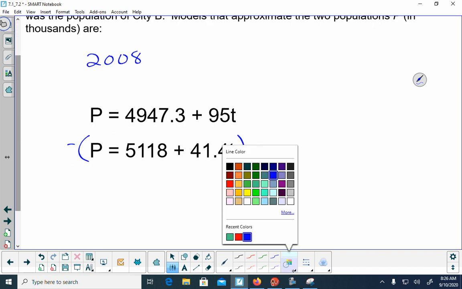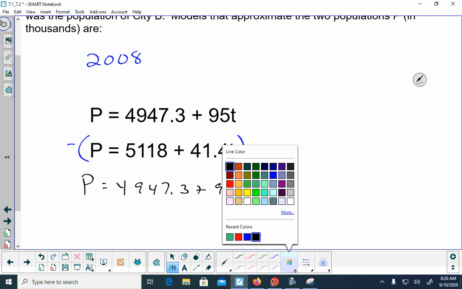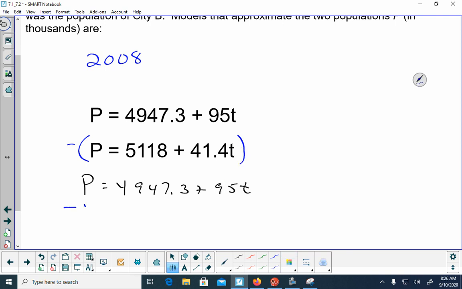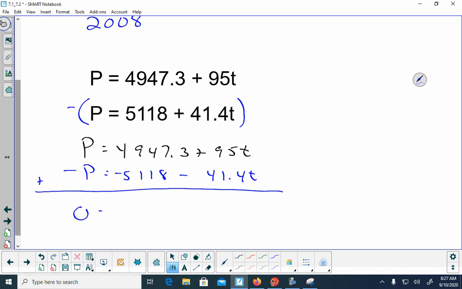So copying down the first equation, because I like to have them together, P equals 4,947.3 plus 95T. And then copying down this one, when I multiply it by negative, I'm going to have negative P is equal to negative 5,118 minus 41.4T. Now when I add those two, the P's will equal 0, and then I'm going to add these two.